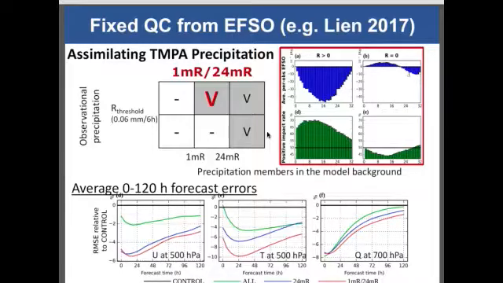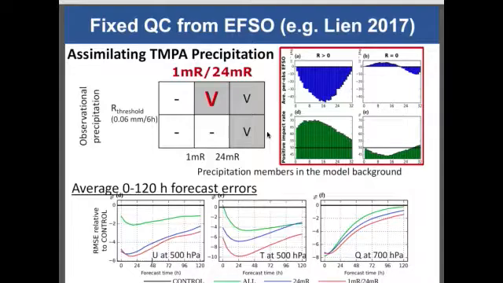Only around 24 or so is the 0 precipitation beneficial, but if your precipitating members are not enough, then the observations are harmful to your forecast. So when he applied this additional rule, the extra check here, it improves the forecast even further.